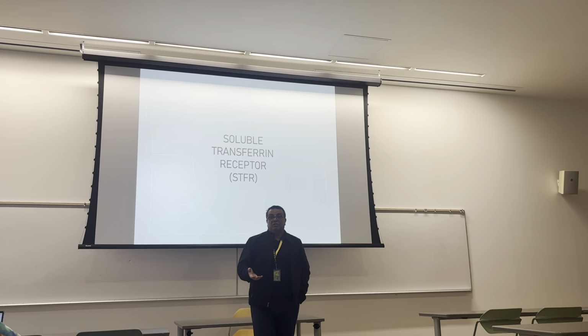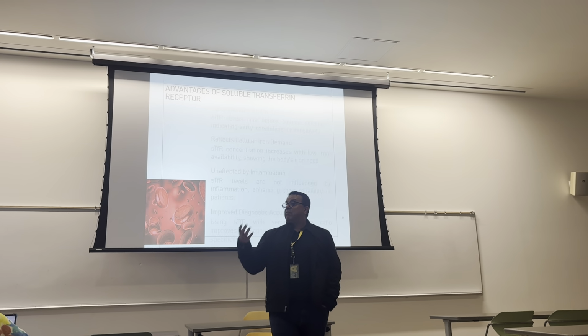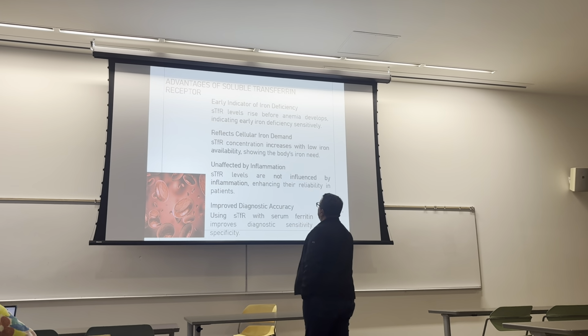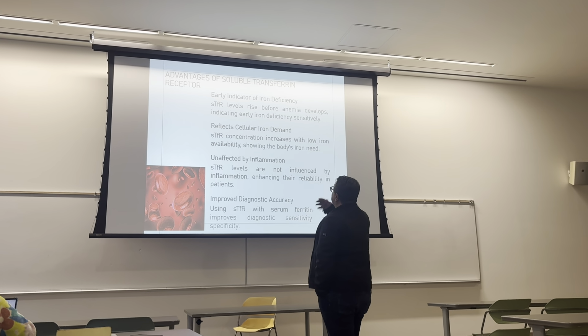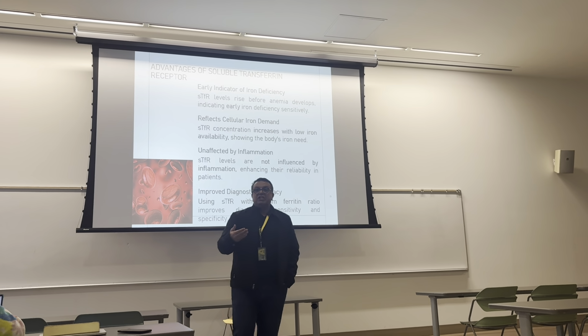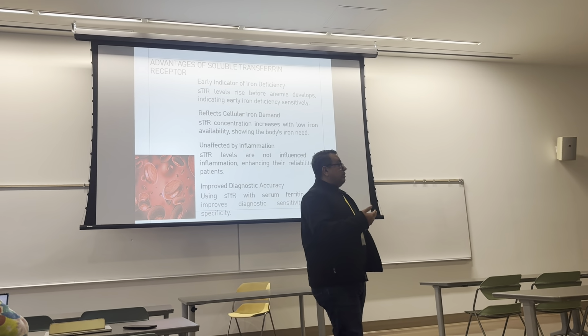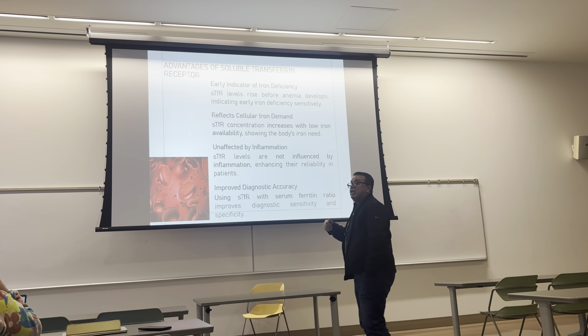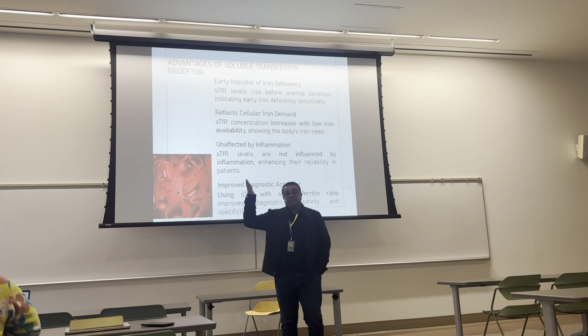It is not affected by inflammation or infection or chronic disease. It is an early indicator. As soon as the depletion or deficiency in iron appears, this number starts to increase.